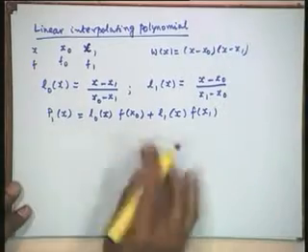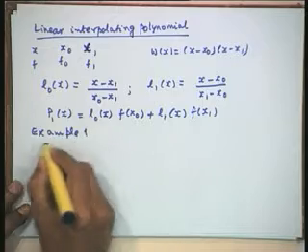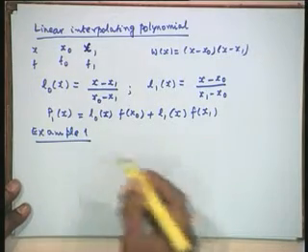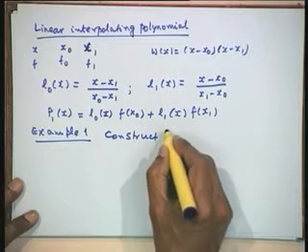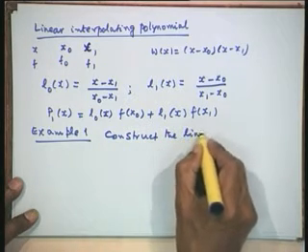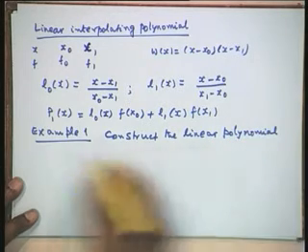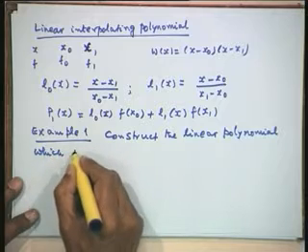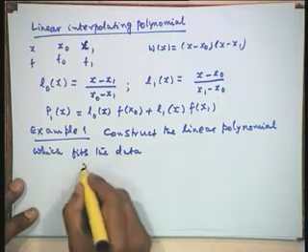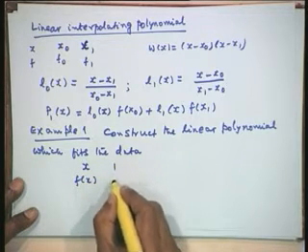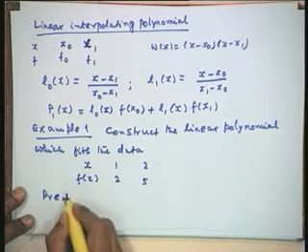Now, let us take a simple example along with this. I will number it as number 1 so that I can use it in the later steps. Construct the linear polynomial which fits the data x: 1, 2; f x: 2, 5.